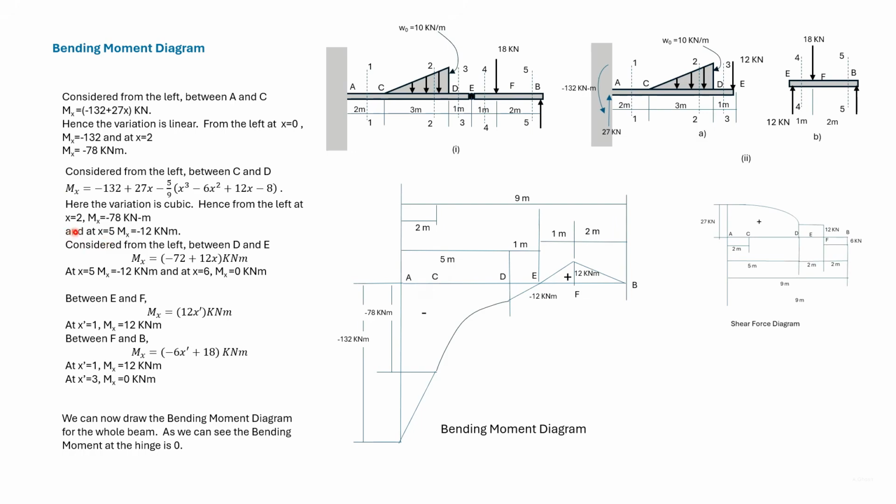Substitute x is equal to 2 in this equation, we get the bending moment as minus 78 kilonewton meter, which corresponds to the point C. Substituting x is equal to 5, we get the bending moment as minus 12, which corresponds to the point B. The fact that we have found out bending moment at C in two different ways and that they match serves as a check.